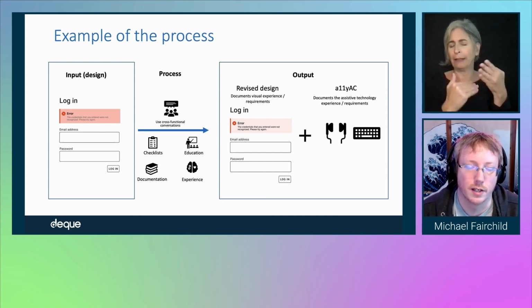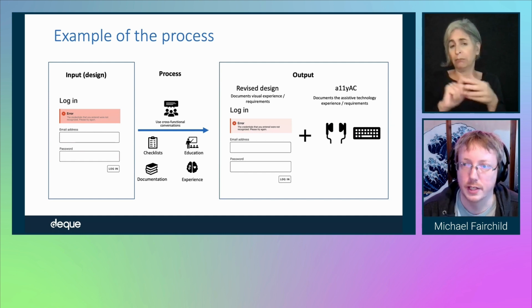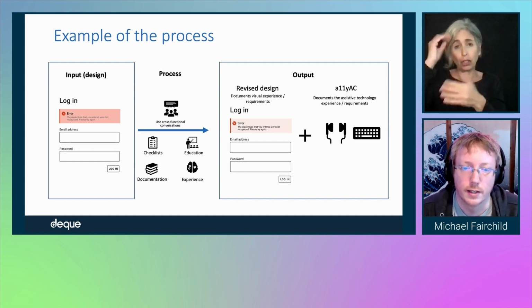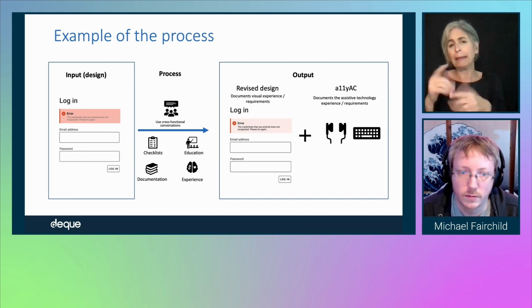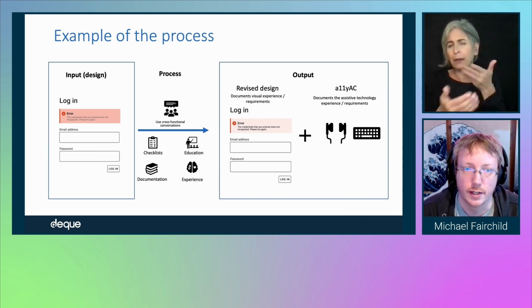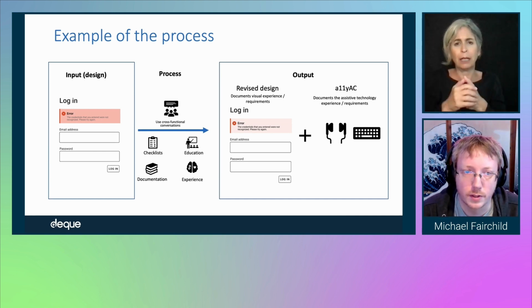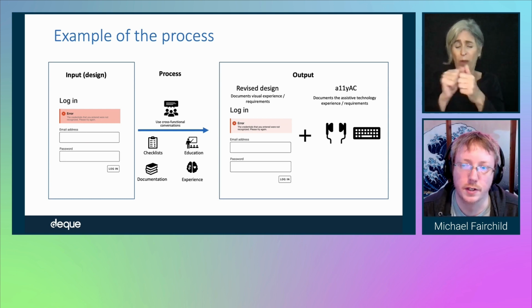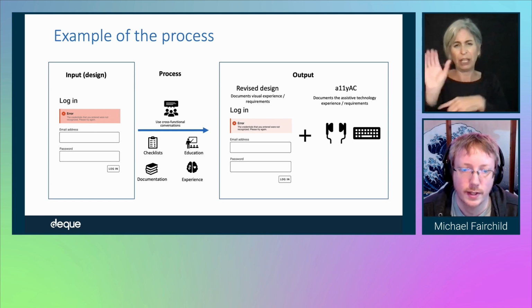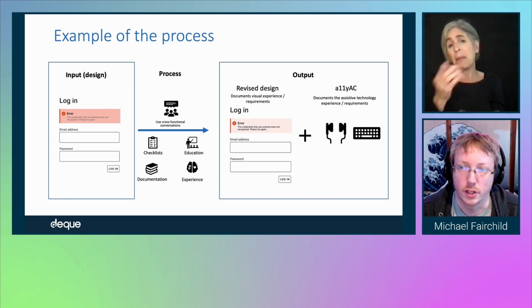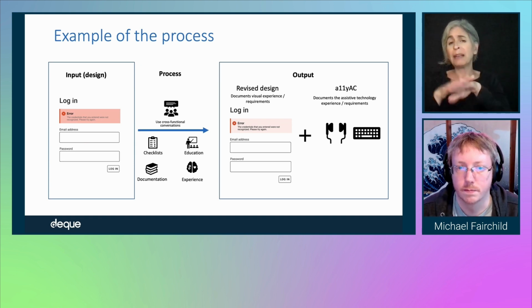They might lean on education, things they have learned in the past. They might lean on documentation. For example, they might reference a component library with accessibility guidance for various components. They might also just lean on past experience.